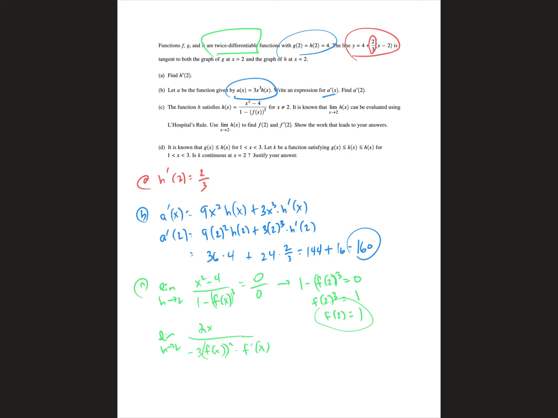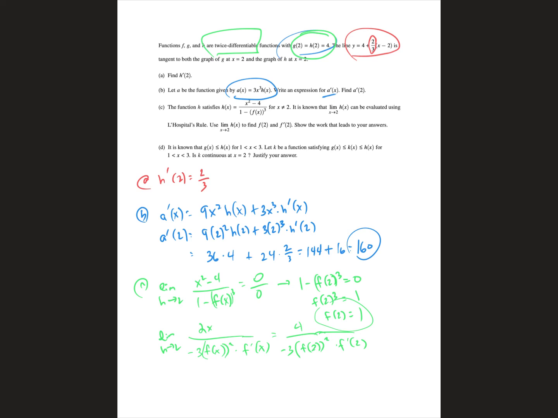Now, if it's continuous, when I plug in 2, I should get the same thing I got at the point, which is h of 2. Or sorry, yeah, that is h of 2.